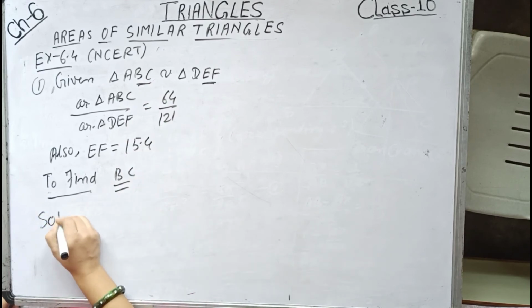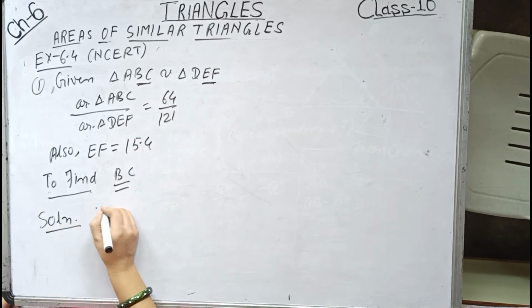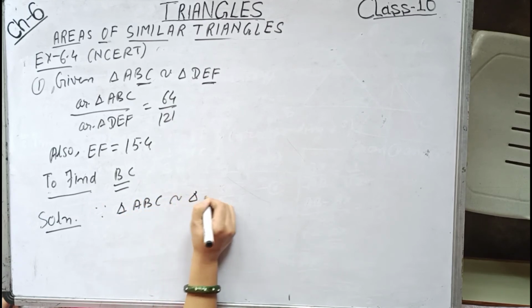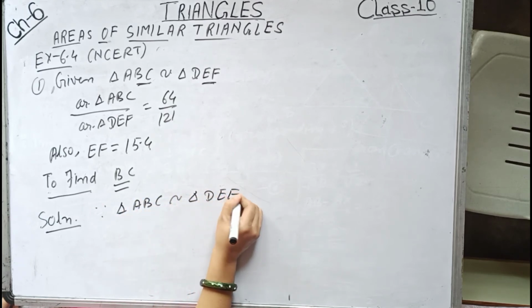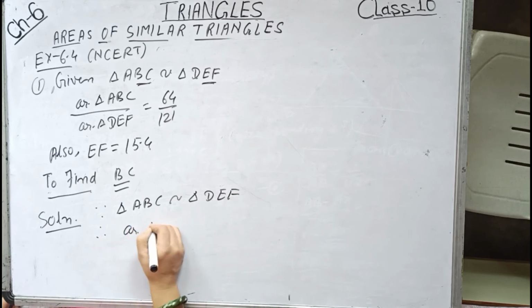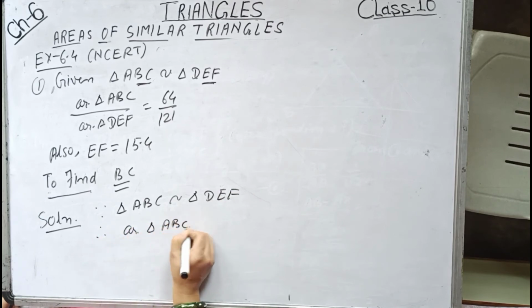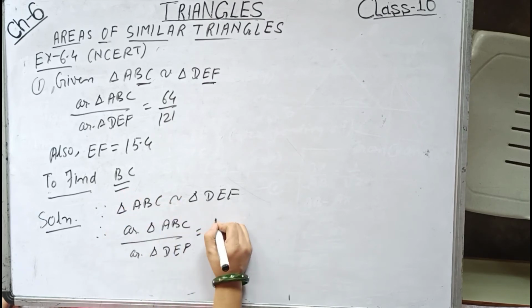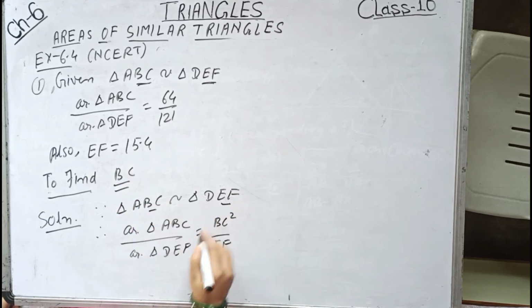So directly, without drawing the figure also, we can do this. Since triangle ABC is similar to triangle DEF, therefore area of triangle ABC by area of triangle DEF equals BC square by EF square.